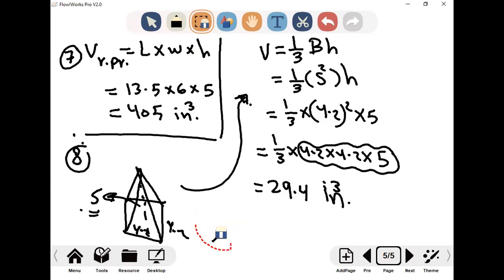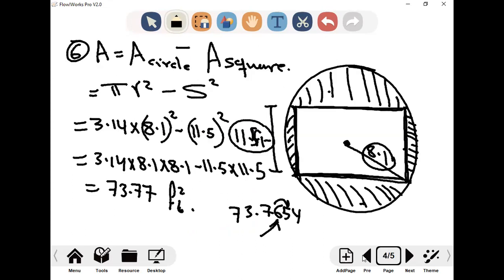Question what? Divide by 4. No, we want the area of this shaded region. The full area minus this area, we don't need it.